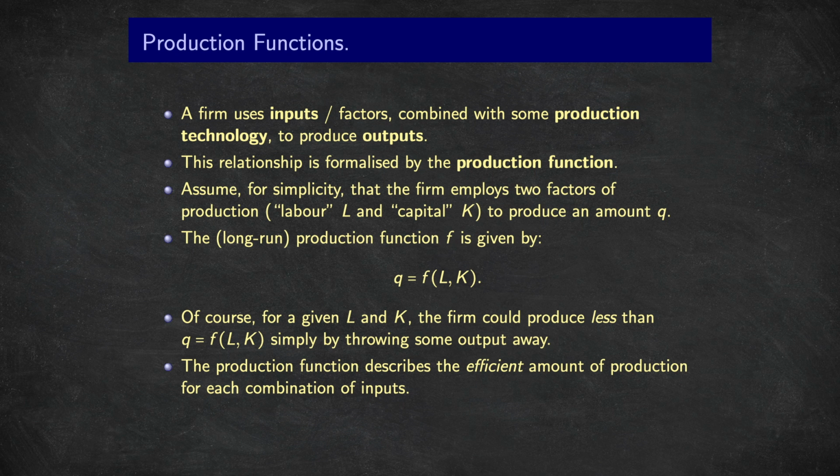Of course, given specific values for labour and capital, the firm could always produce less than this specific amount Q simply by throwing some output away. So the production function, we must remember, describes the efficient amount of production for each combination of inputs. It's the maximum amount of production that is possible using those inputs with no waste.